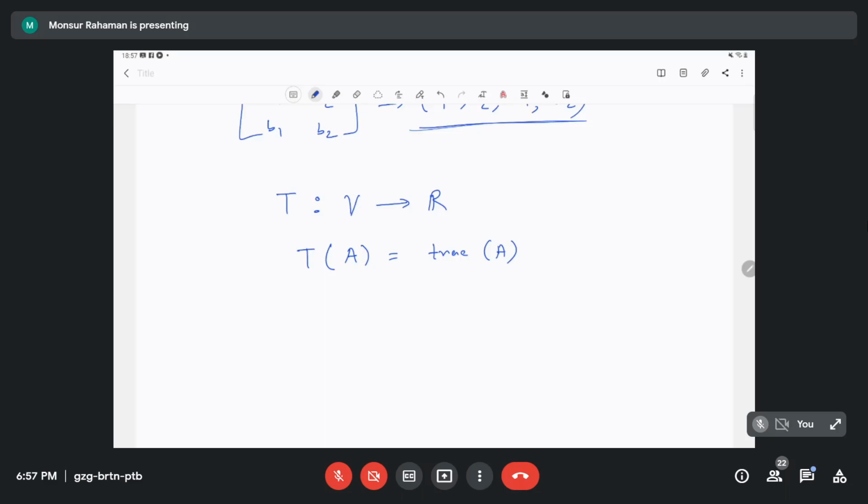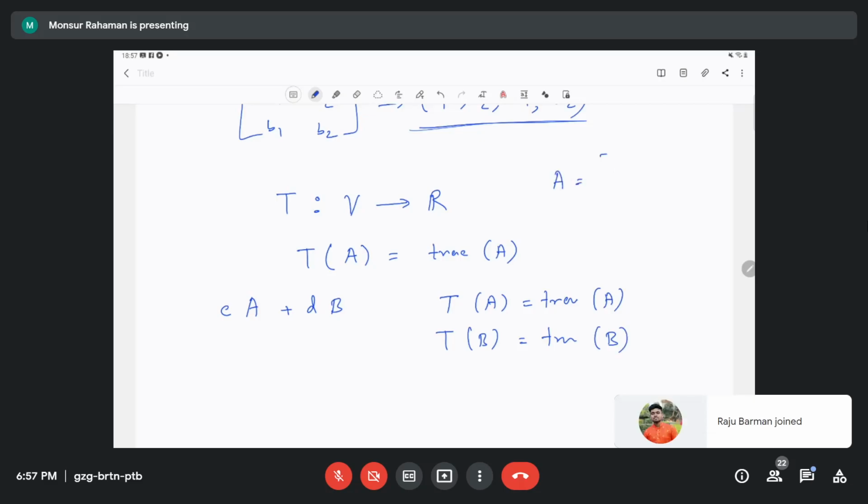How are you going to check that it is a linear functional? First you have to check that it is a linear transformation. You have to choose two vectors, A and B, meaning two matrices, and two constants c and d, and send them. Suppose T(A) is trace A and T(B) is trace B.